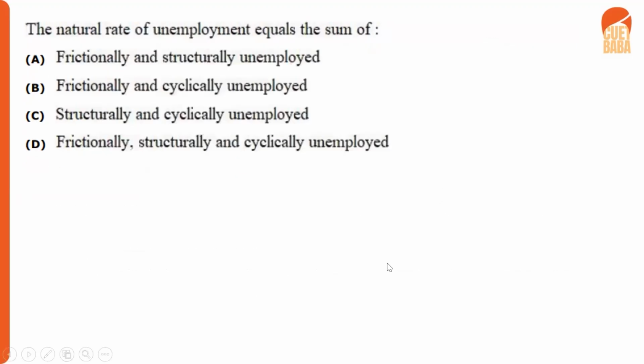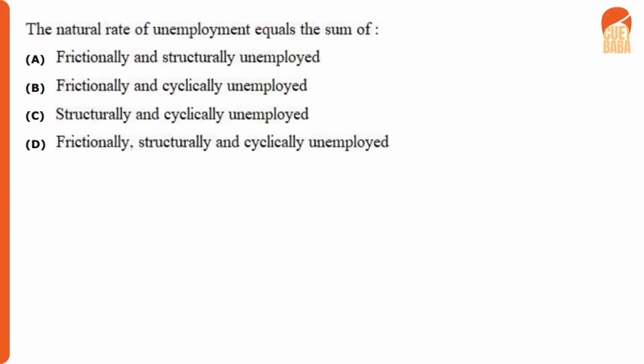The next question is a theory question: the natural rate of unemployment equals the sum of two types of unemployment. The options are very tricky here, showing frictional, structural and cyclical.